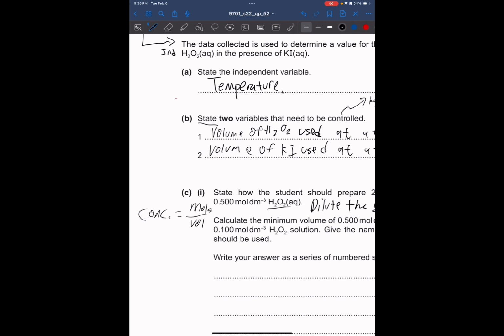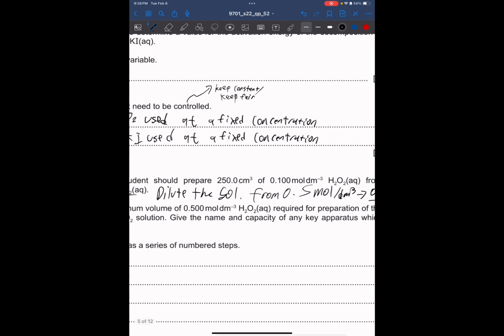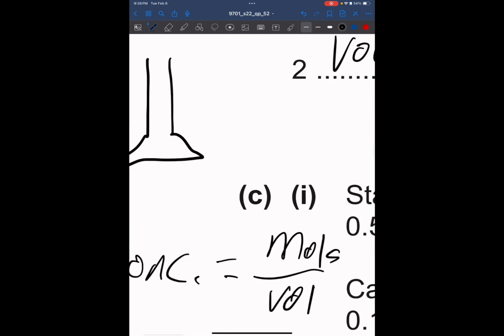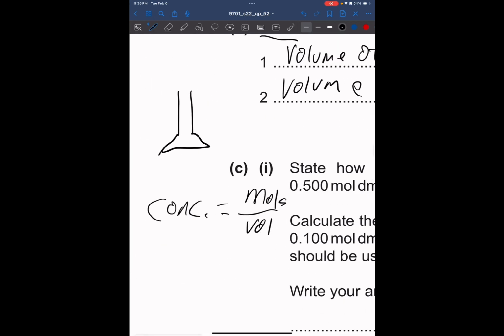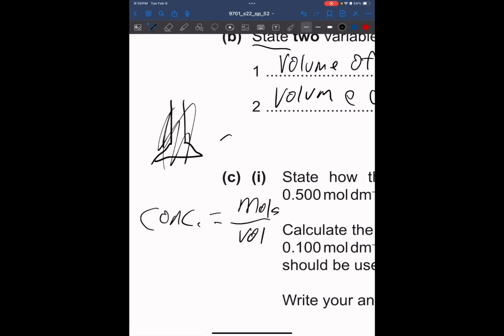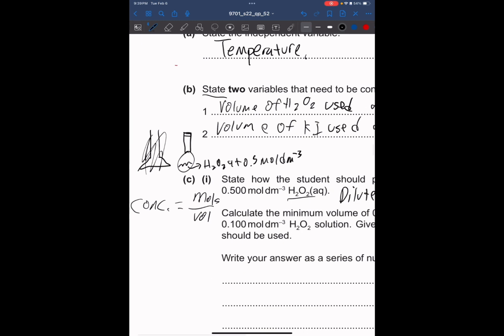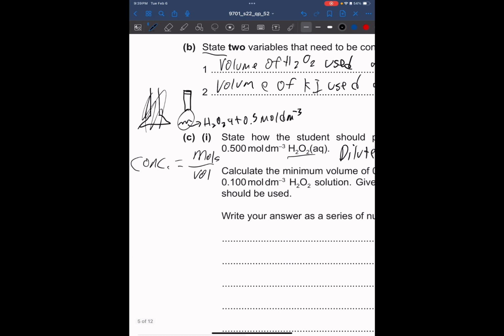By diluting this solution, we're not actually changing what's inside of the solution. You would already have the solution in a beaker or something, or in this case, a volumetric flask. We'll get onto that later. But you already have a volumetric flask, and you have the H2O2 at 0.5 mol per dm³. Basically, you're just going to have to change that. The amount of H2O2 there is going to be the same.